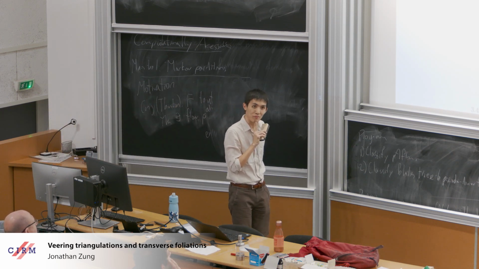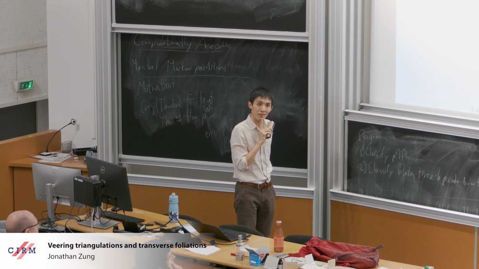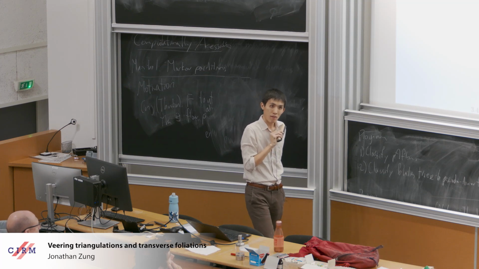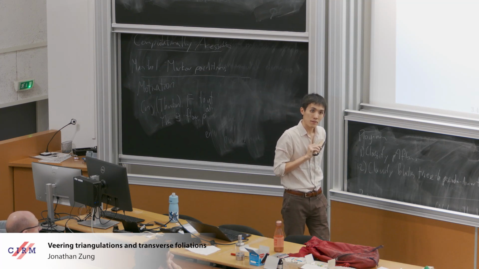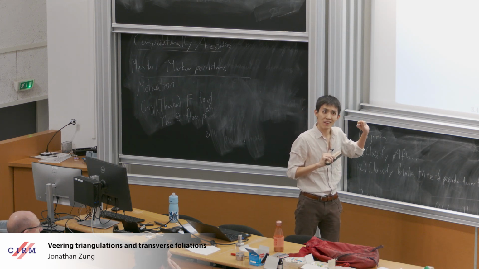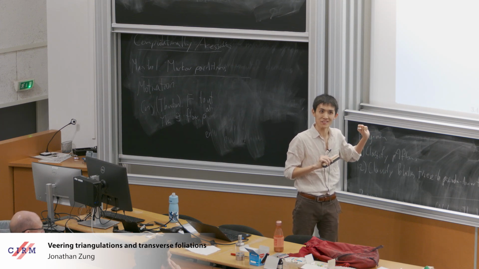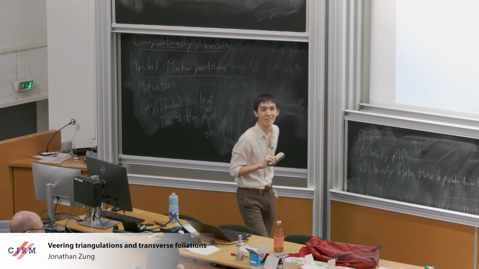I'm not sure what you mean. Like each point of this picture gives you... I just wonder about uniqueness. I'm only claiming existence. Yeah, I'm only claiming existence right now. Okay. Yeah.